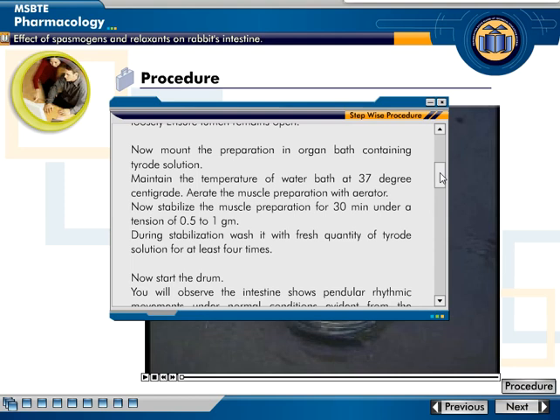Now stabilize the muscle preparation for 30 minutes under a tension of 0.5 to 1 gram. During stabilization, wash it with fresh quantity of Tyrode solution at least 4 times.